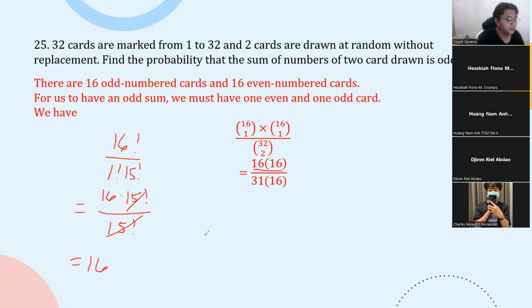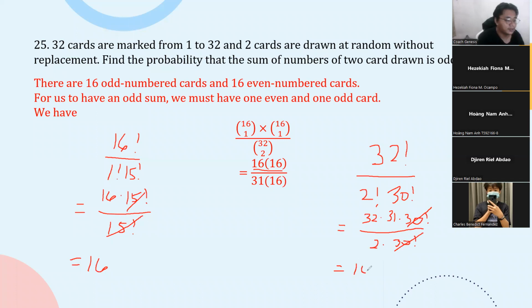Now for 32 choose 2, that will just be 32 factorial divided by 2 factorial, 30 factorial. That will give you 32 times 31 times 30 factorial divided by 2 times 30 factorial. So that is why you have 32 over 2, which is 16 times 31.